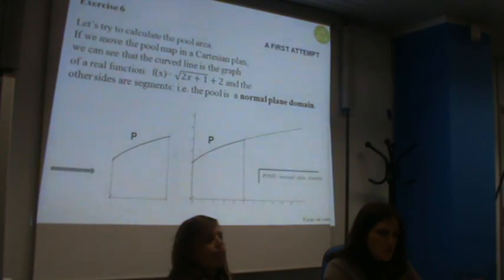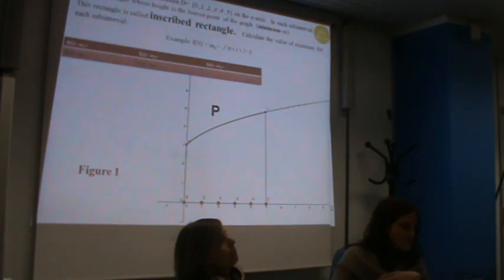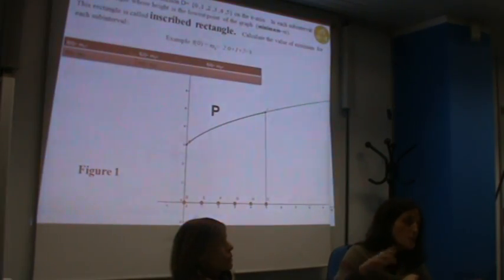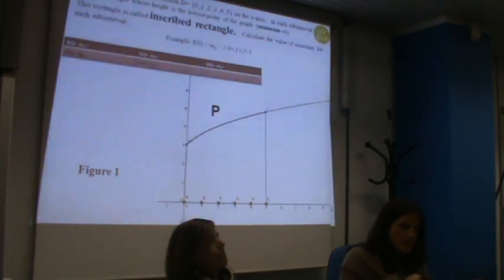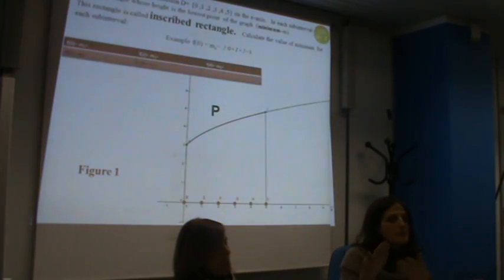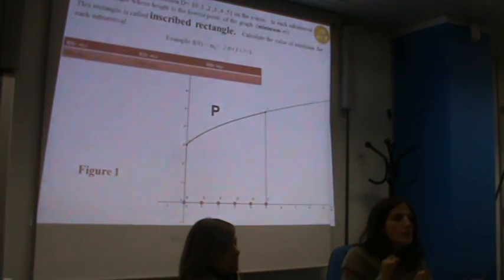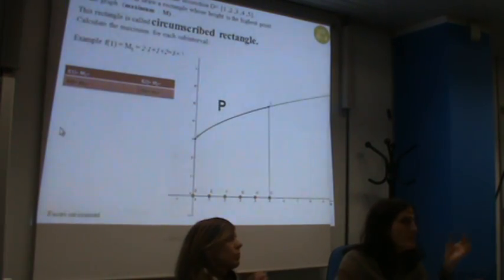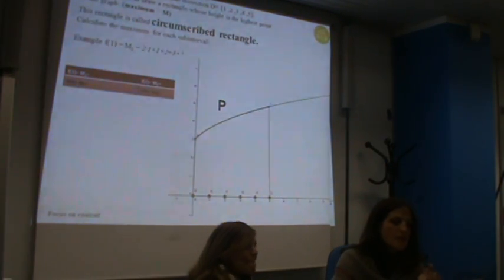So the approach is that we give them a dissection with 5 sub-intervals, and they have to draw 5 inscribed rectangles, and at the same time they calculate the value of the function at the points we give them.